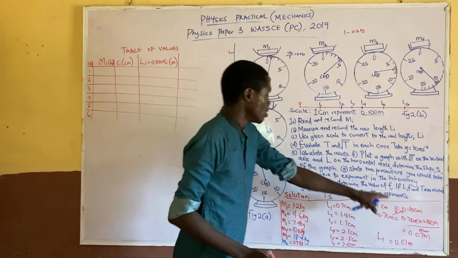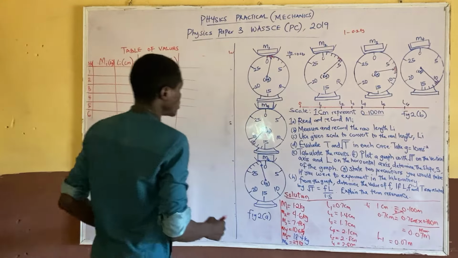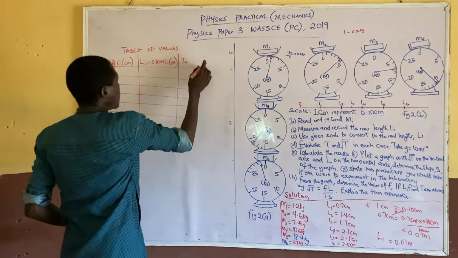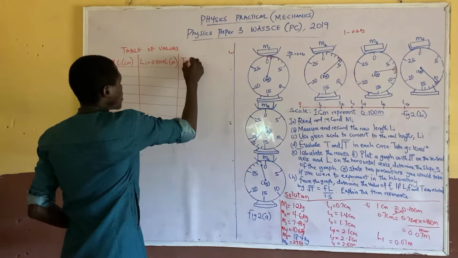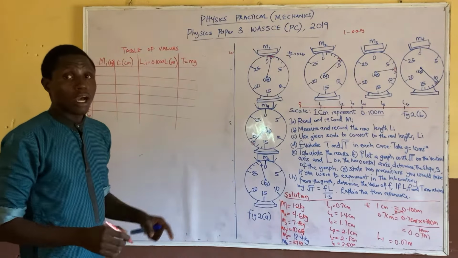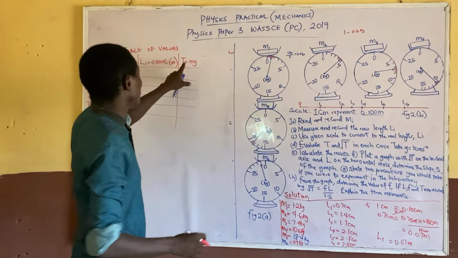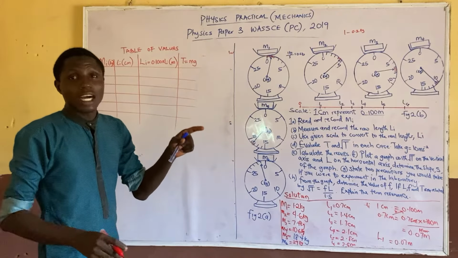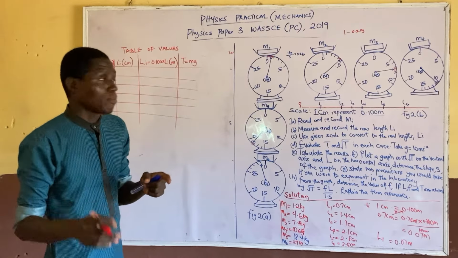Based on what we did here, the next thing we are asked to do is to evaluate the tension. Note that the tension is equal to mass times acceleration due to gravity, and in the question you have been given the acceleration due to gravity to be 10 meter per second square.